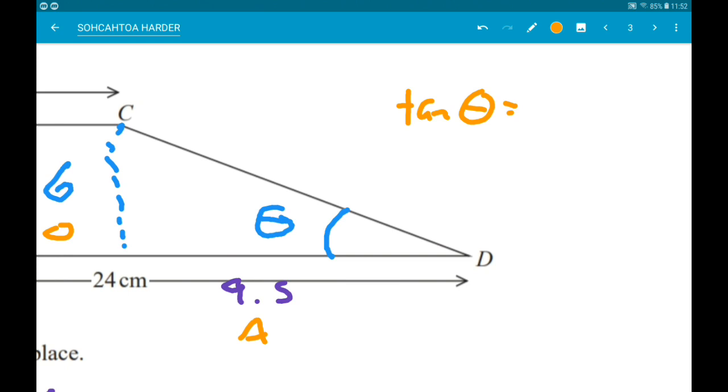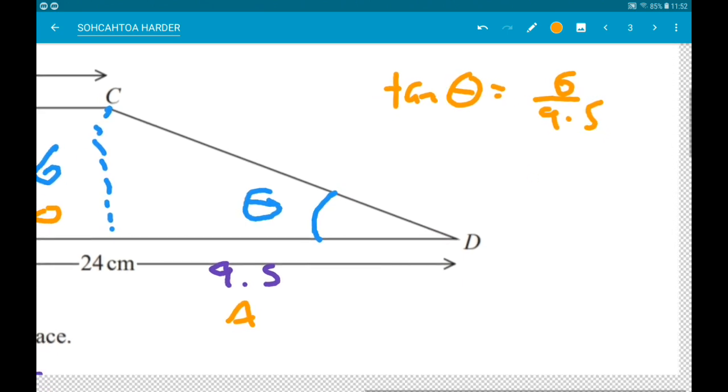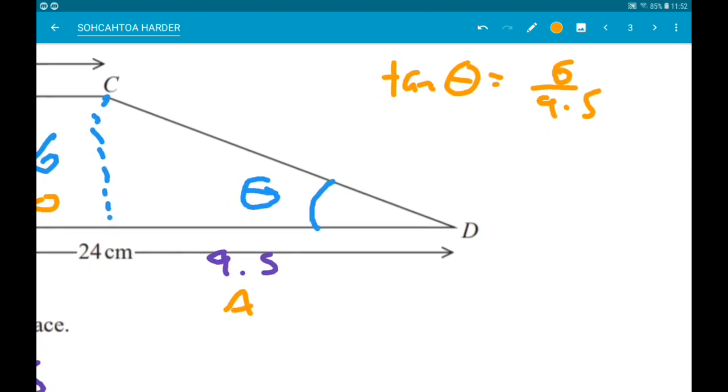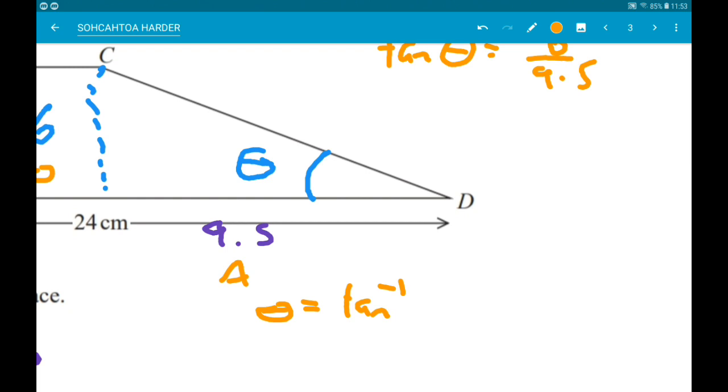So, 6 over 9.5. So, theta then is the inverse tan. So on your calculator, press shift and tan of 6 over 9.5. And to one decimal place, that gives us 32.3 degrees.